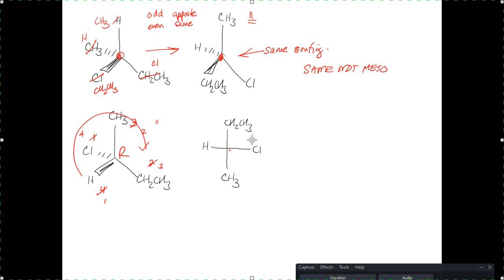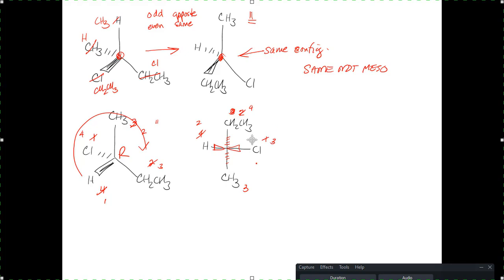How about this one? 4, 1, 3. This is 2, and this is 3. Remember, these are bold wedges. These are dashed wedges in the back. So now I'm going to switch 2 and 4 to put 4 away from me. I could have switched 2 and 3 as well.